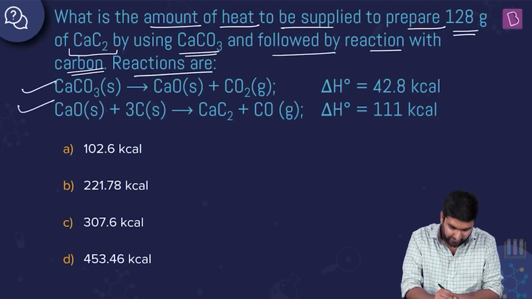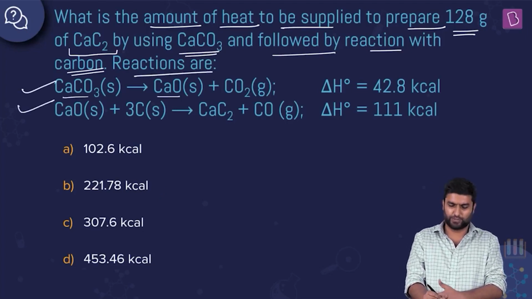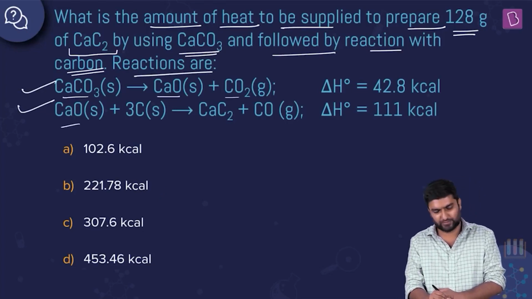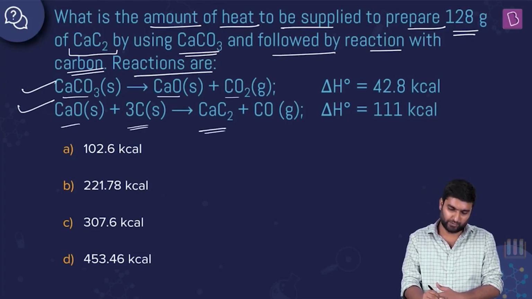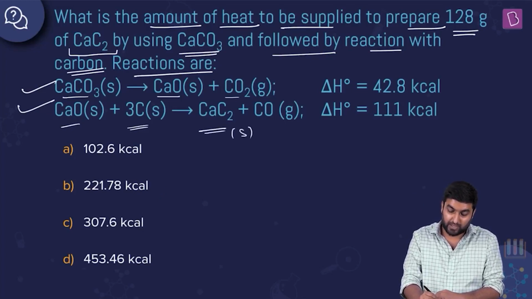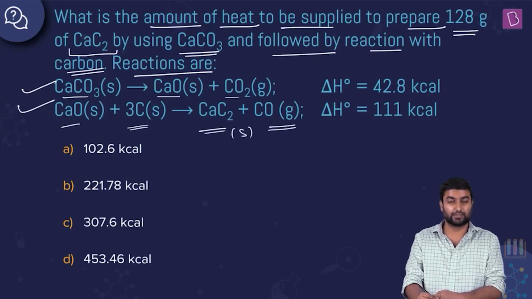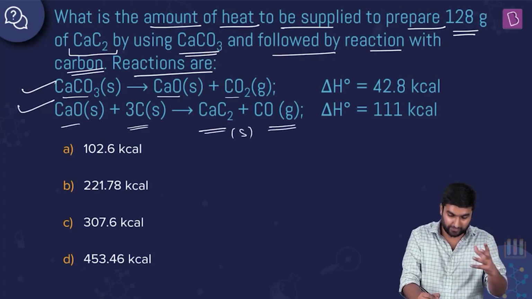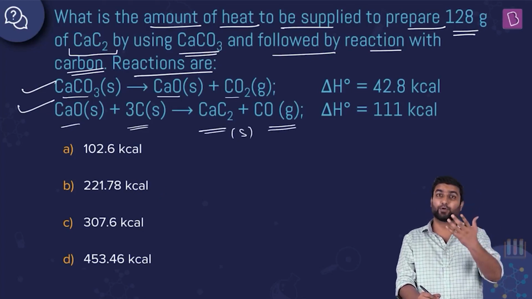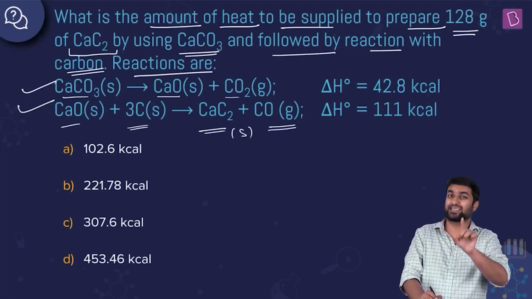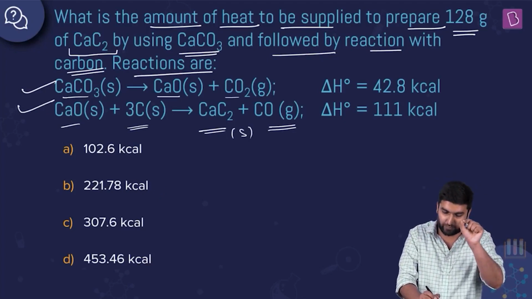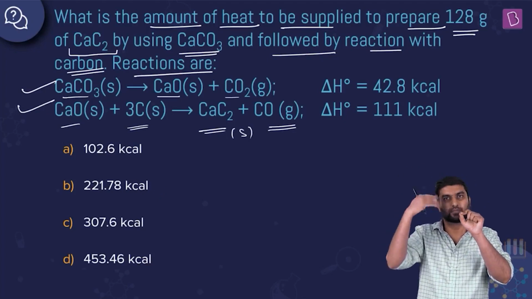So what is happening? It has CaCO3, it produces CaO and CO2, then CaO reacts with carbon and gives you CaC2, and basically this is solid, right? And we have CO gas here. So what do we see here? We decompose CaCO3, CaO solid gets formed, CO2 gas dissipates.